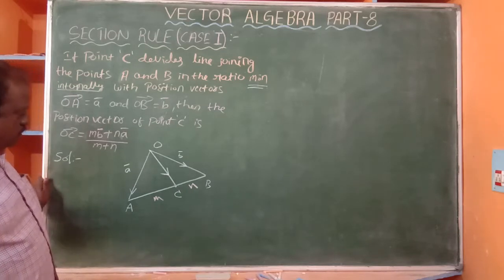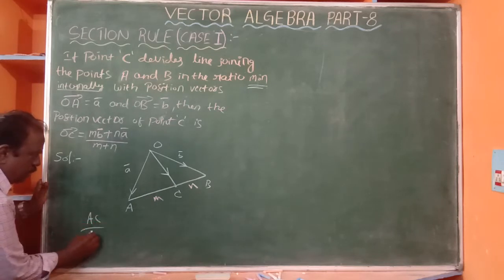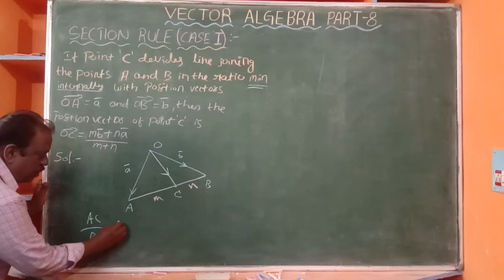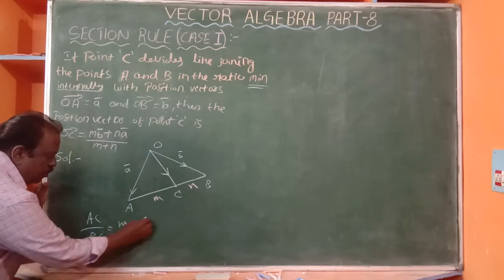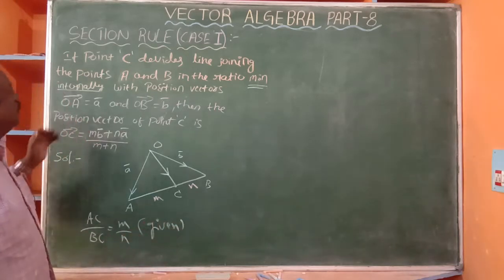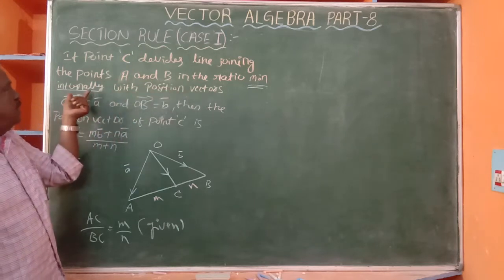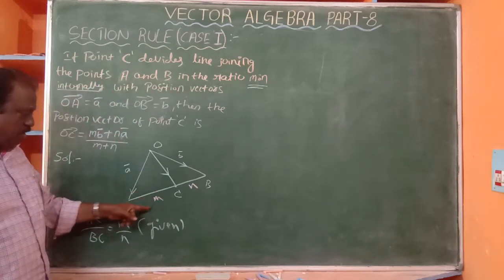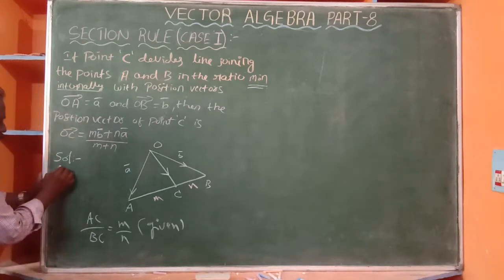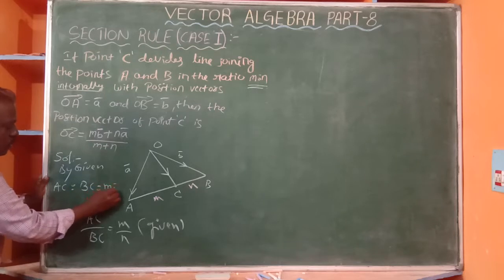Now see, fantastic concept. Here, AC by BC is m by n. This is given, because C divides the line segment AB in the ratio m is to n internally. Here clearly I will write what is given: AC is to BC is equal to m is to n.